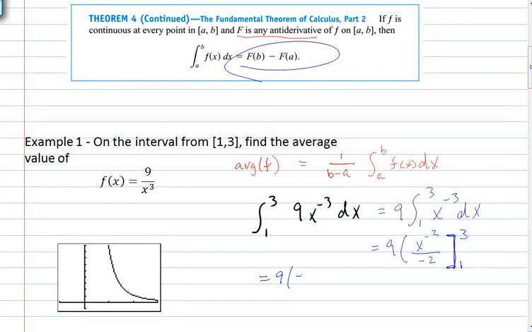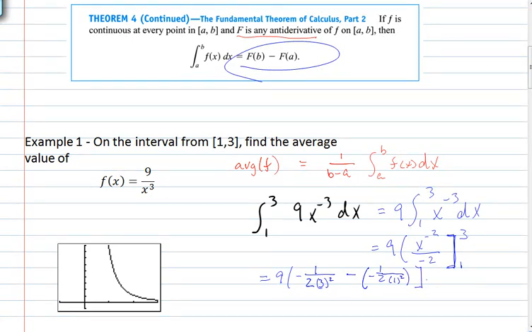Well, this is negative 1/2 times 3 squared, which is 9, minus negative 1/2 times 1 squared, which is 1.